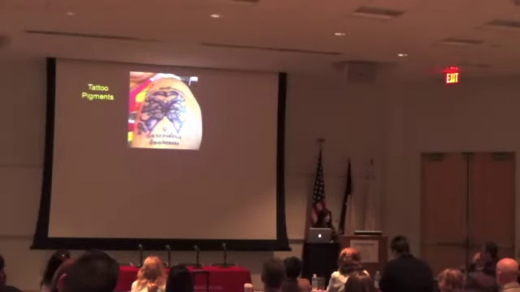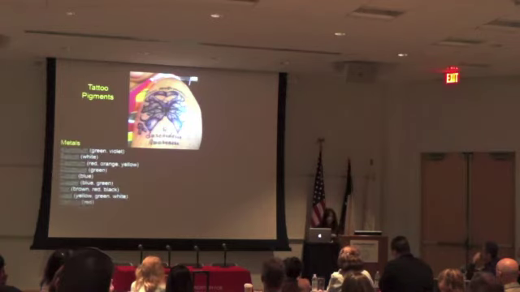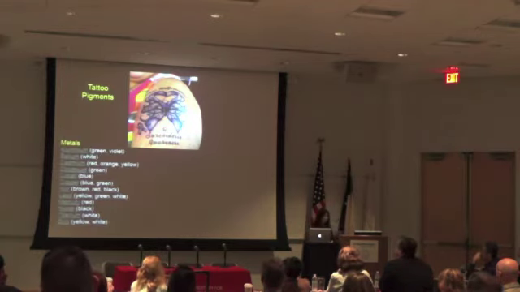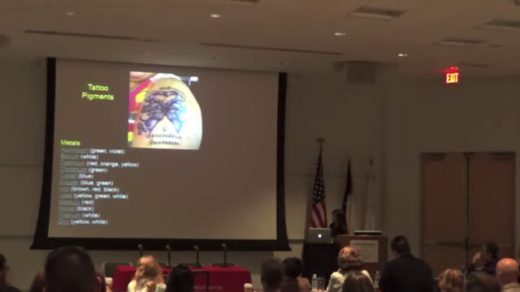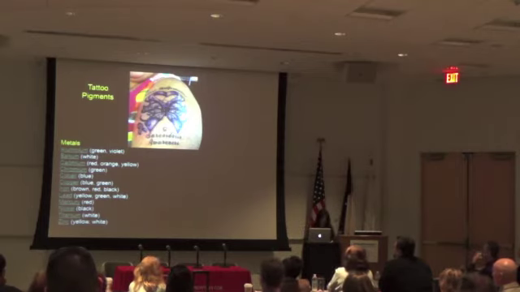And of course, now we come to the tattoo pigments. I was astounded by the number of different metals that go into these beautiful colored pigments. We have the alphabetical list here from aluminum, barium, cadmium, chromium, cobalt, all the way down to titanium, zinc, and mercury is in there as well.